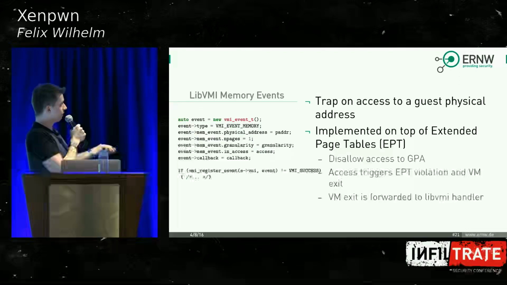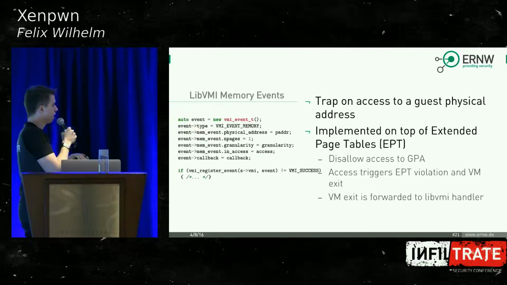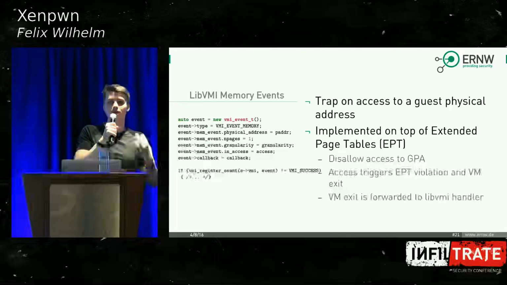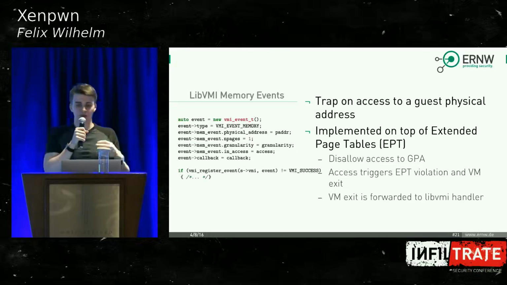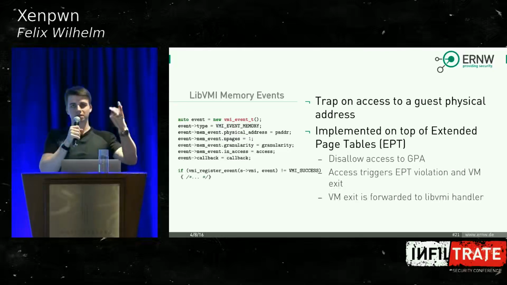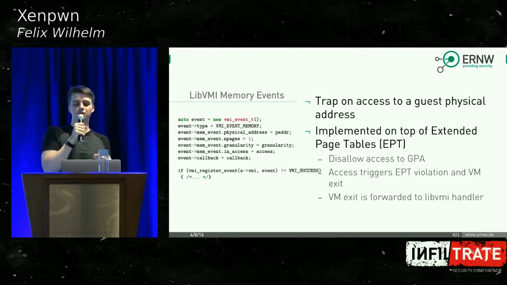So in the code on the left-hand side, we say we are interested in this physical address, and we have these callback functions, and then we just register this, and every time we see a memory access, we get the callback function. And this is implemented on top of extended page tables. Extended page tables are the second layer of address translation, supported by hardware-assisted virtualization.